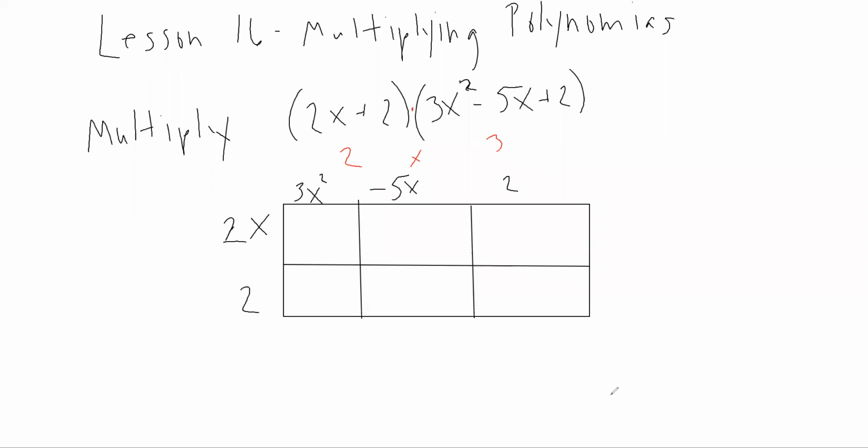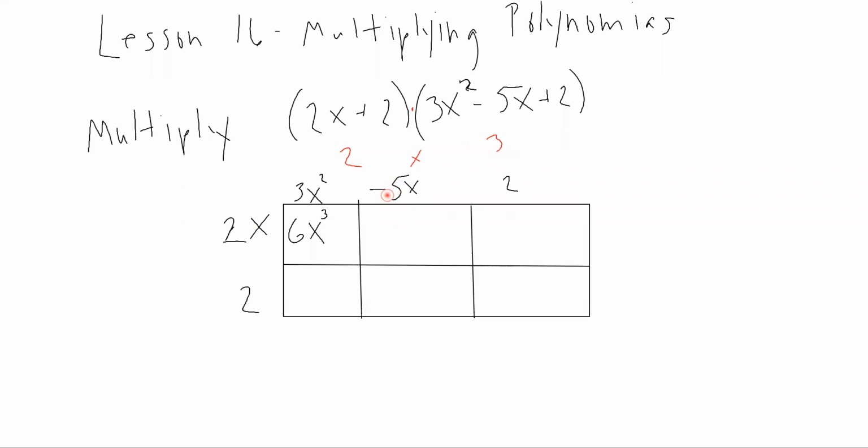Okay, so now I'm going to use multiplication, my properties of exponents, to fill in my boxes. This first one, I'm going to take 2x times 3x squared to fill in, and I'll have a product of 2 times 3 gives me 6, and x times x squared gives me x cubed, or x to the 3rd power. Now I'm going to take this 2x here and multiply it by the negative 5x.